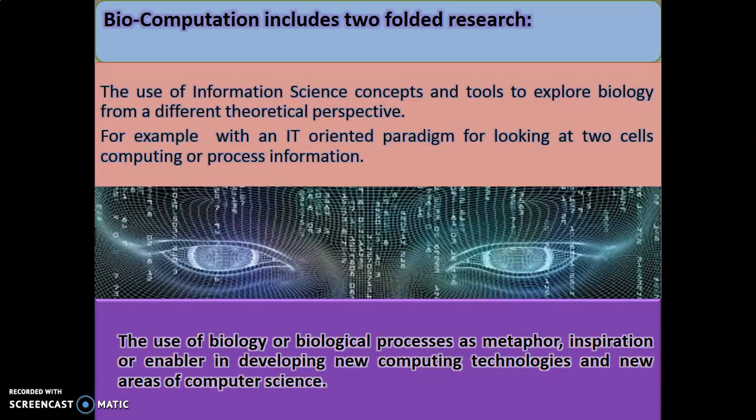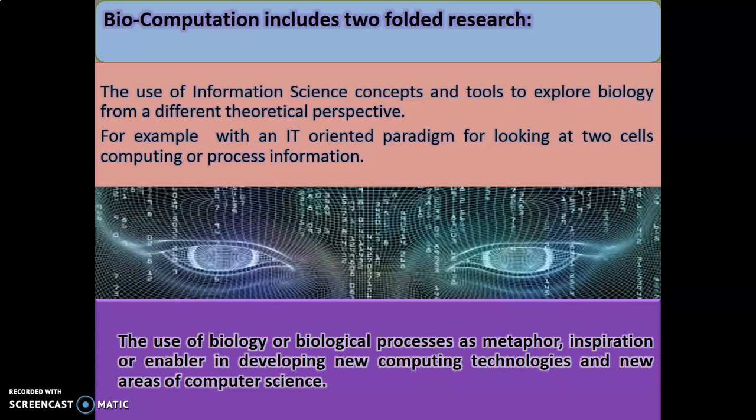The second is how biology or biological processes can be used as a metaphor or inspiration in developing new computing techniques, as new areas of computer science. So there are twofold terms: how computer science is related to biology, or how biology can be used to enhance our computing techniques. Here our focus will be on the second type.